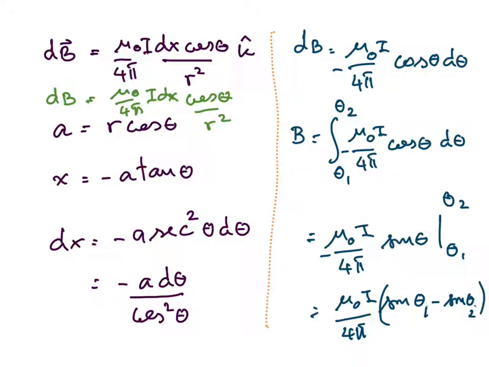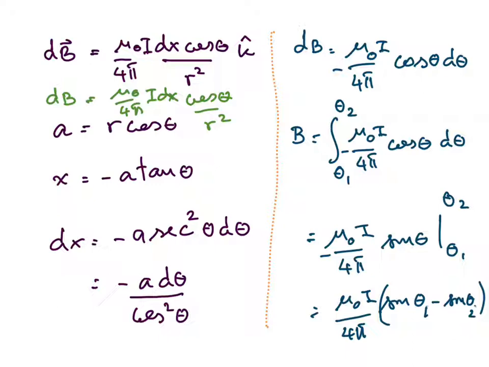Okay, so we have the magnitude of dB like this. We know that the direction is always the unit vector k.